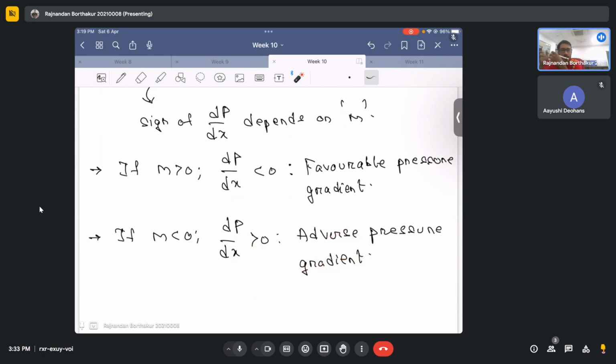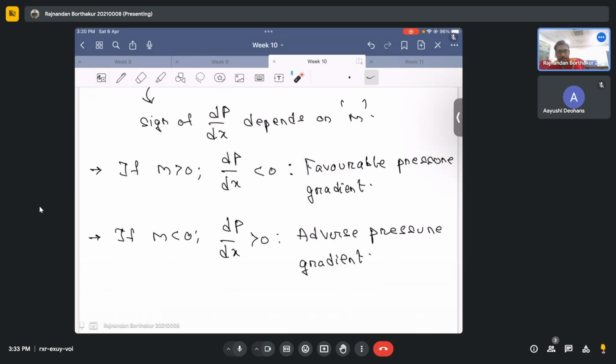This means that we will certainly look into certain examples, but indirectly it is not the dp dx that we initially focus on. It is the wedge angle that we focus on, and from the wedge angle we try to see what pressure gradient actually results from that value of wedge angle. If dp dx is less than 0, we are in a favorable pressure gradient zone.